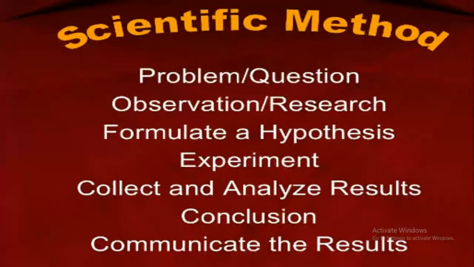So the scientific methods have different steps, which are problem or question, observation, research, formulate a hypothesis, experiment, collect and analyze results, conclusions, and communicate the results. So these are seven steps in scientific methods. So let's see one by one what it is.